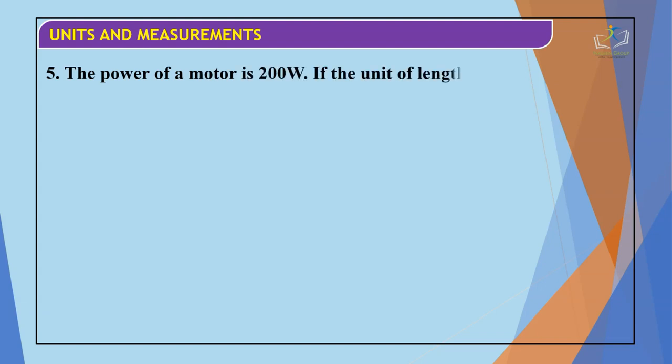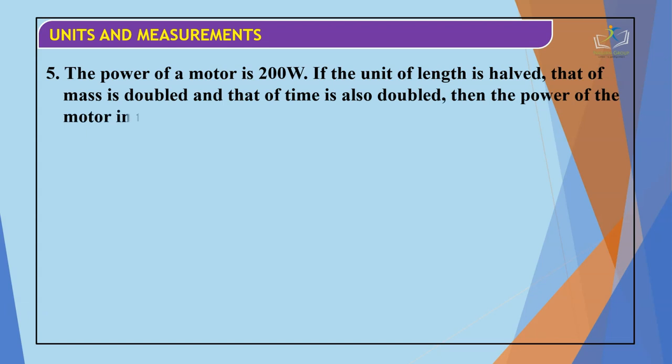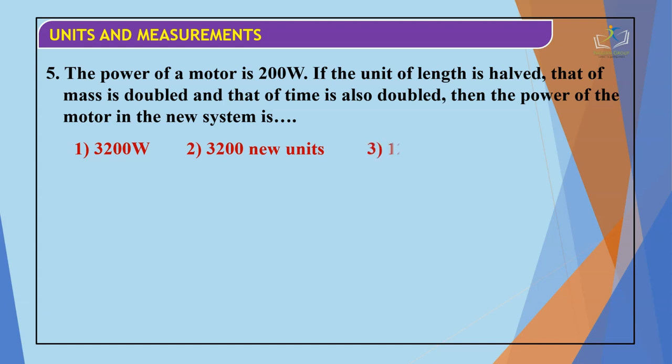Next question we have: the power of a motor is 200 watt. If the unit of length is half, that of mass is double, and that of time is also double, then the power of the motor in the new system is 3200 watt, 3200 new unit, 12.5 new unit, 12.5 watt.